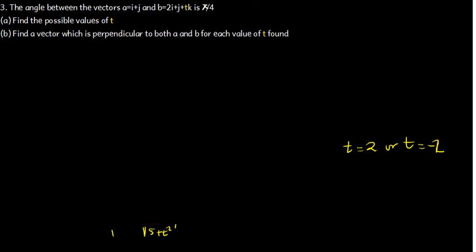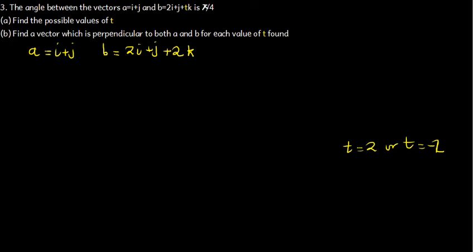Now find a vector which is perpendicular to both a and b for each value of t found. So for the value of t, we are saying that the vector a is equal to i plus j, and then the vector b is going to be 2i plus j plus, where there is t, I'm putting a positive 2, and then k. Now to find the perpendicular vector, we need to perform the cross product.